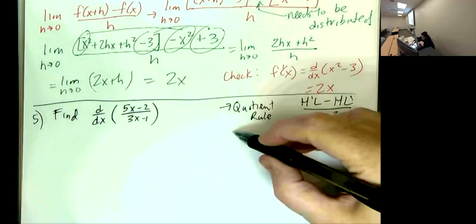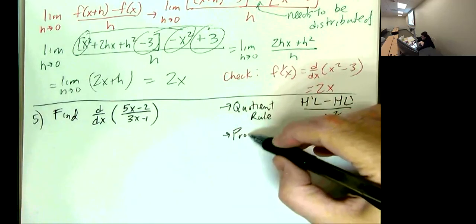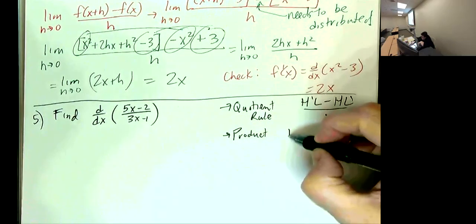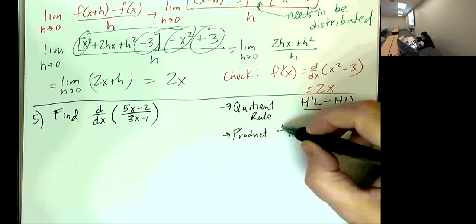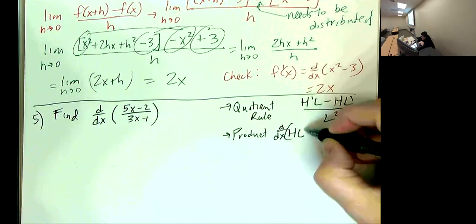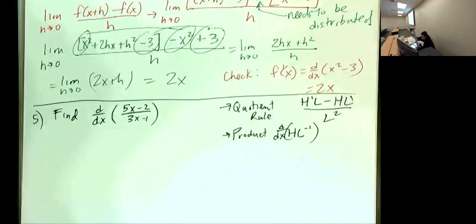Or you can do the product rule, which is the derivative of high, and then low to the negative 1. I think the quotient rule is actually pretty easy here. It's not slow. So I'm going to go with quotient rule.